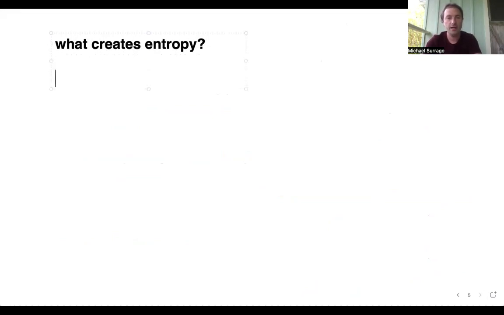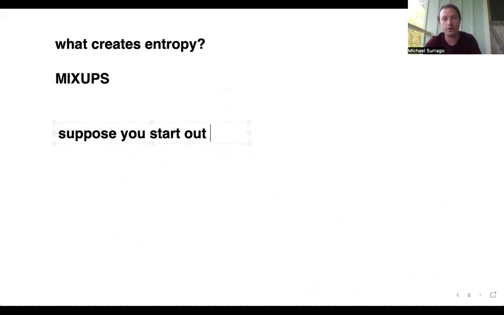Okay, so let's talk about what creates entropy. Now we're going to get even more operational. What creates entropy? And the answer is very simply mix-ups. So suppose you start out with perfect knowledge. You're kind of like a demigod here, lowercase god with a lowercase g, I guess.